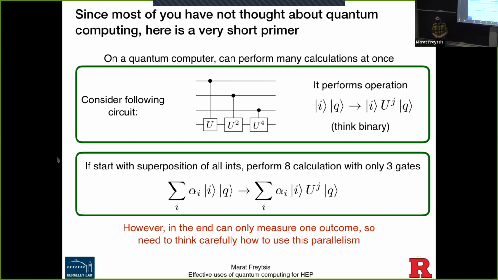The basic operation that they know how to run is essentially you turn on an appropriate coupling between 2 qubits, such that you apply what's known as a CNOT gate, which is essentially: if one of the qubits is 1, then flip the 0 and the 1 of the second qubit, and if it's 0, then do nothing.